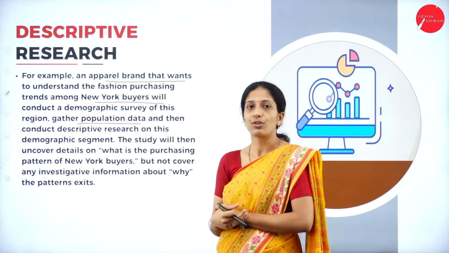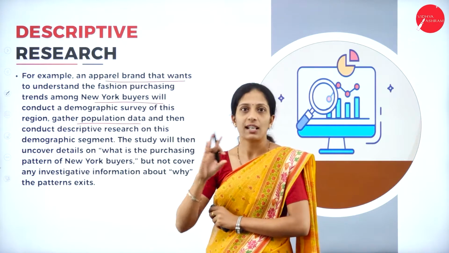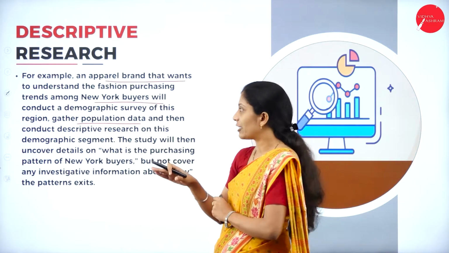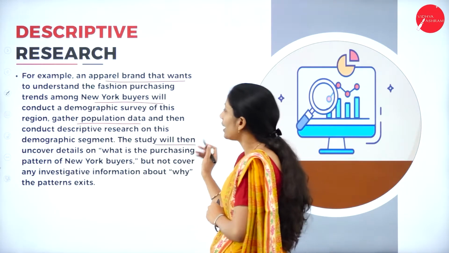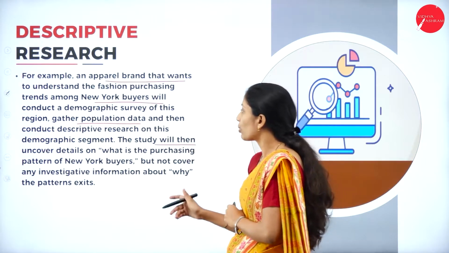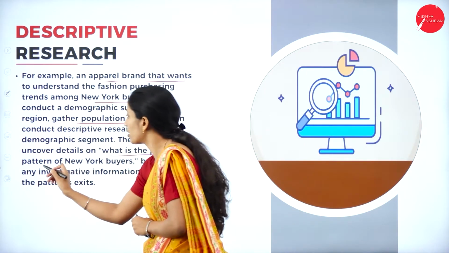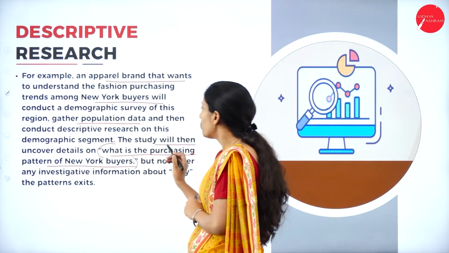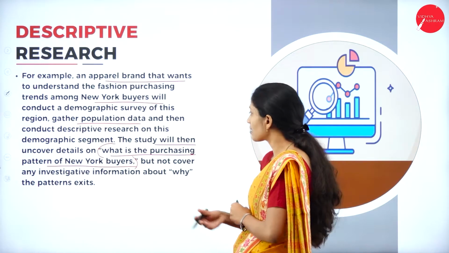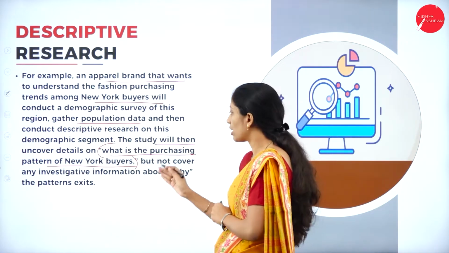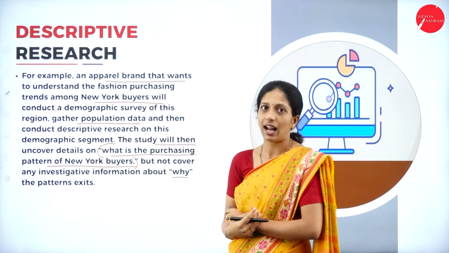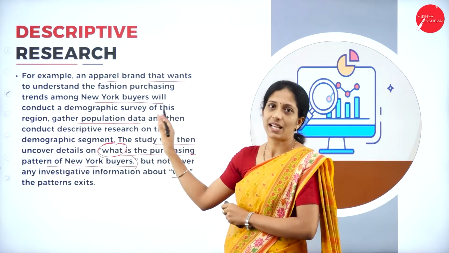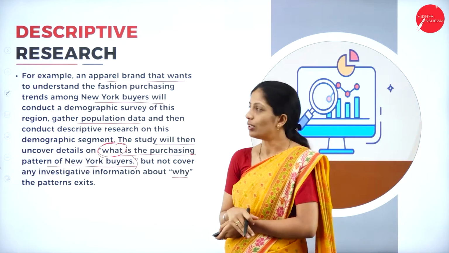So here they are going to conduct a research on a particular brand's trends in New York City, that is on the whole population, and the study will then uncover details on what is the purchasing pattern of New York buyers. So here the main topic will be what is the purchasing pattern of New York buyers, but not cover any investigation information about why the pattern exists. So here remember we are mainly focusing on what basis. So that is about descriptive research.